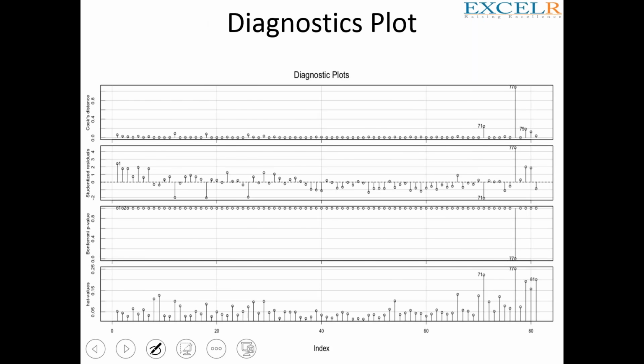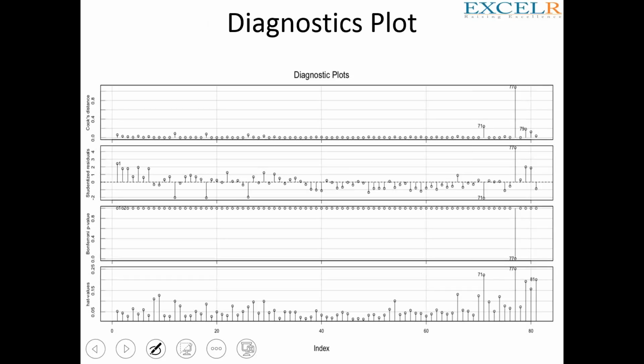That's okay. Now we have something called Cook's distance. All these measures, these diagnostic plots, are going to help you achieve only one objective: the influence of an observation. Even before I make a statement, let me tell you this.